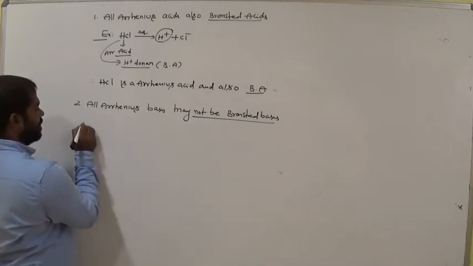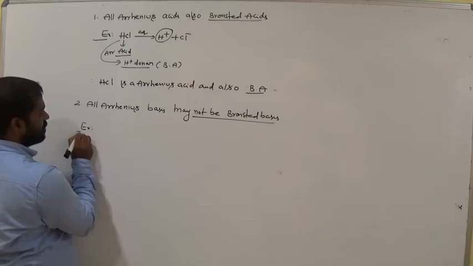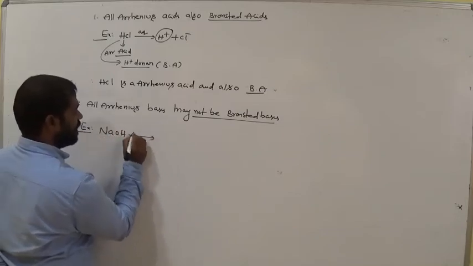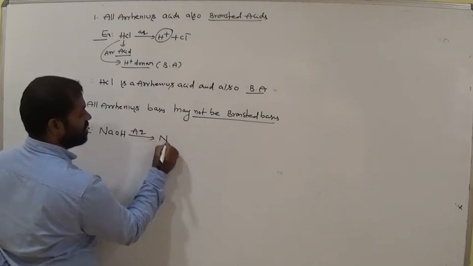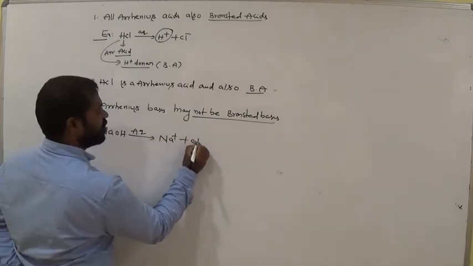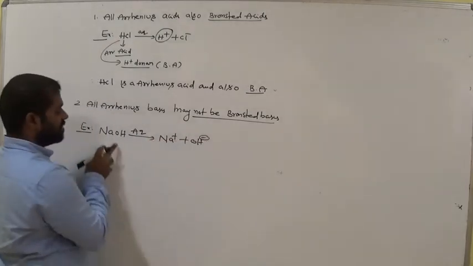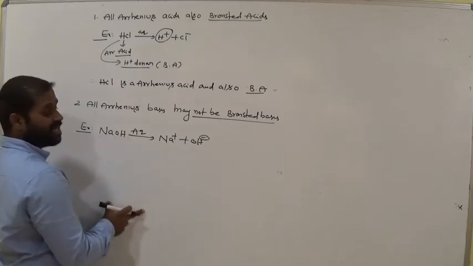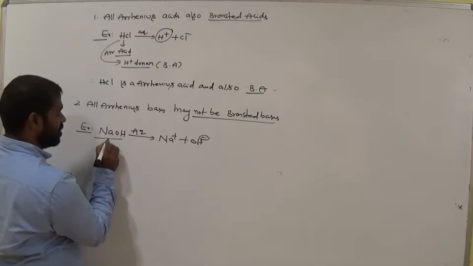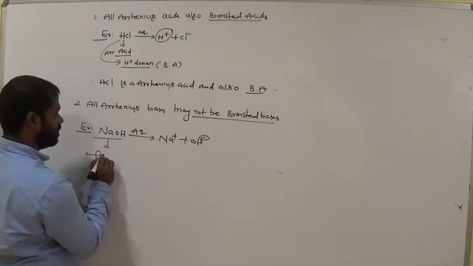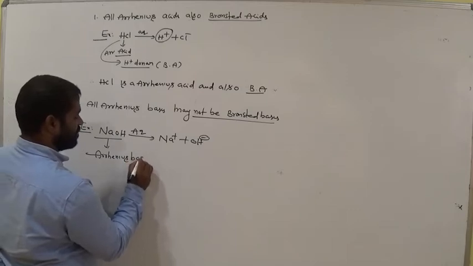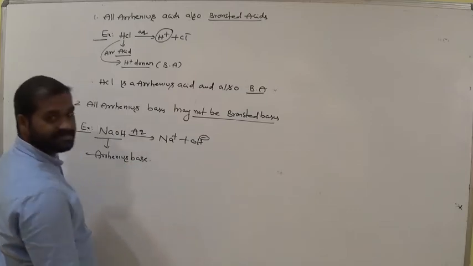Let's see an example, NaOH. In aqueous medium, it gives Na plus and OH minus. When a compound in aqueous medium gives OH minus ion, it is called an Arrhenius base. Is it clear?